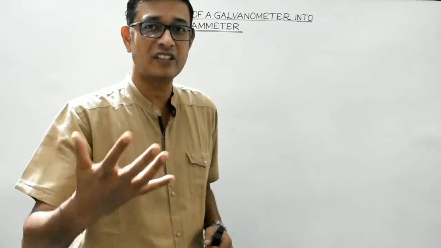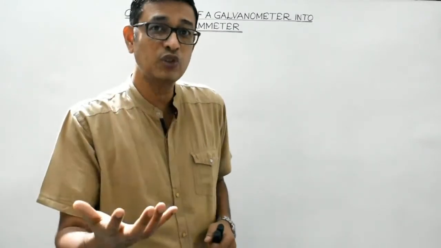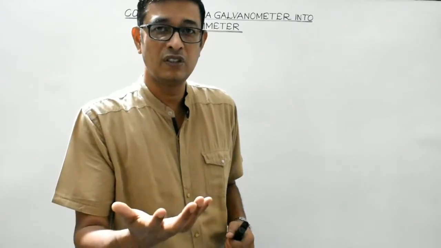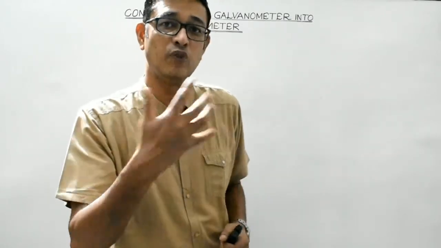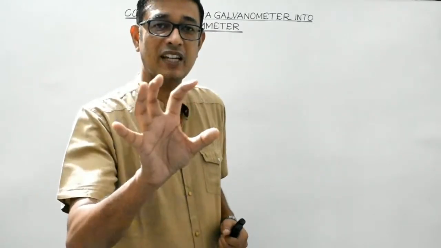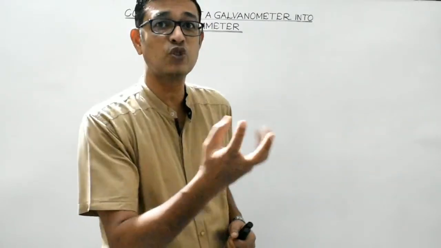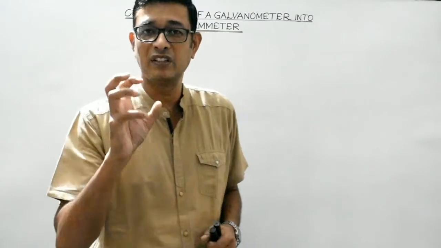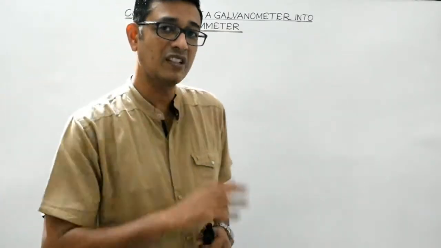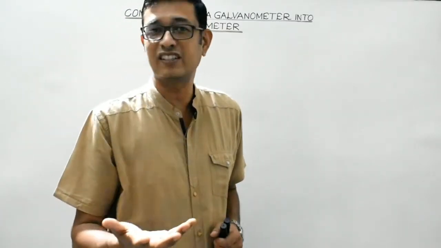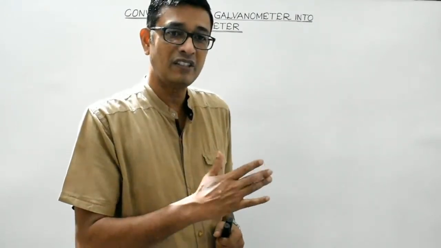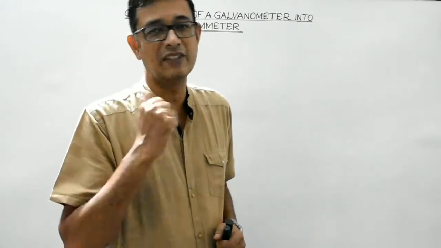First, we need to understand what is the use of converting a galvanometer into an ammeter, and into a voltmeter. Why can't a galvanometer be directly connected in a circuit to measure current and potential difference? First we will find the answer to these questions, and then we'll discuss how to convert a galvanometer into an ammeter of a given range.